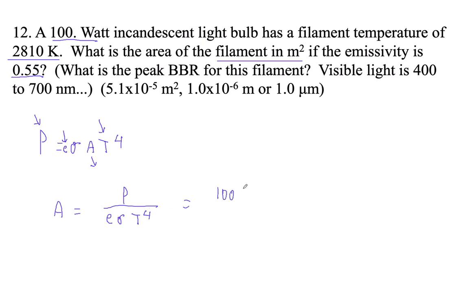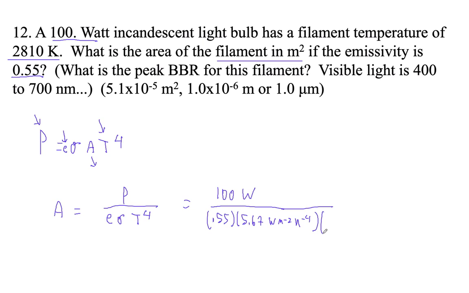So 100 watts divided by 0.55 times 5.67, and this is watts, meters to the minus 2, kelvins to the minus 4.